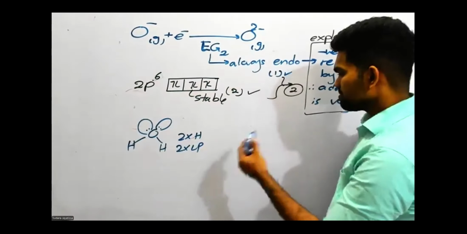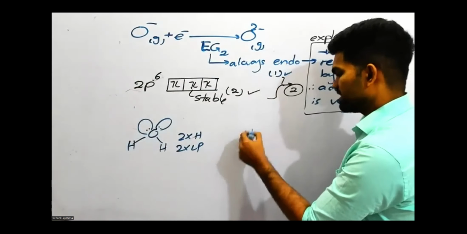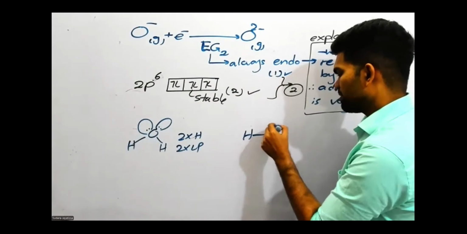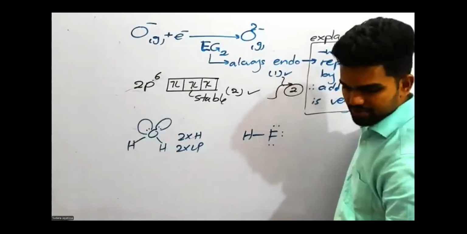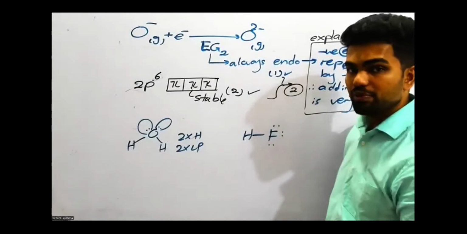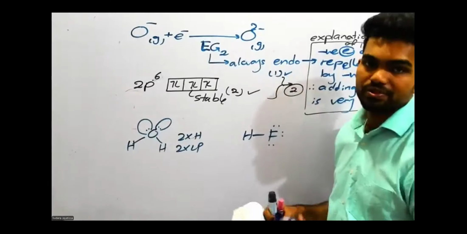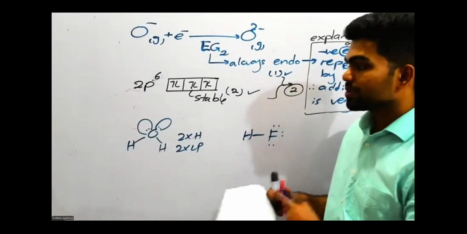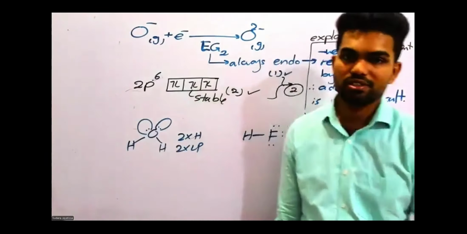And in the other one, if you take HF, you have more lone pairs, but you have fewer hydrogens. So the number of hydrogen bonds that would form by a certain sample of HF is lower. Relative to that, water will form more hydrogen bonds.